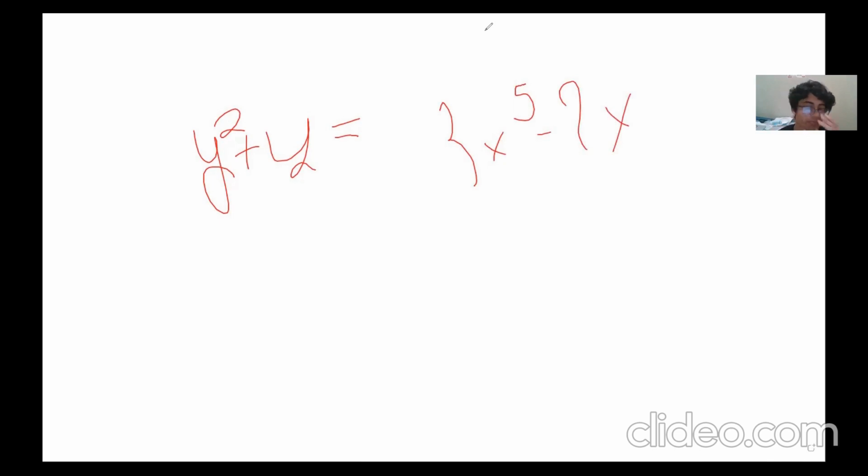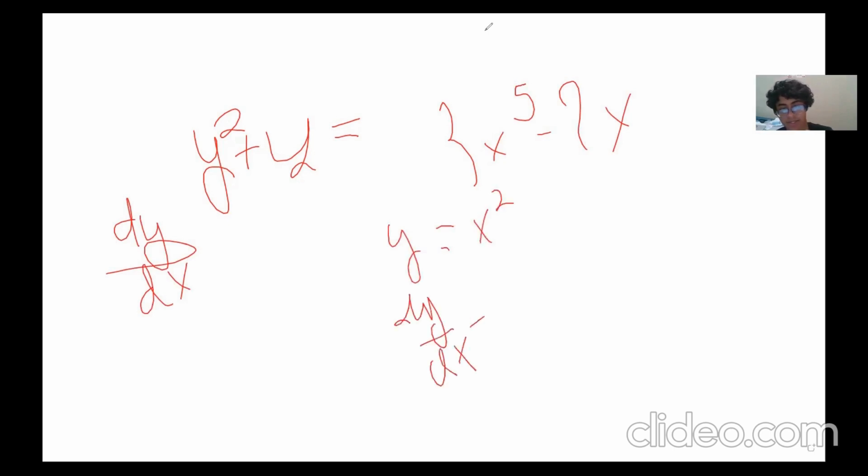But if you do still want some notion of this idea, dy dx, which is what we've actually been doing all this time, y equals x squared, well, dy dx is 2x, right? All you're doing is applying this linear operator to both sides. And so the idea you want to preserve is that, okay, we can't get it in this nice form, but we still want this notion of dy dx right here.